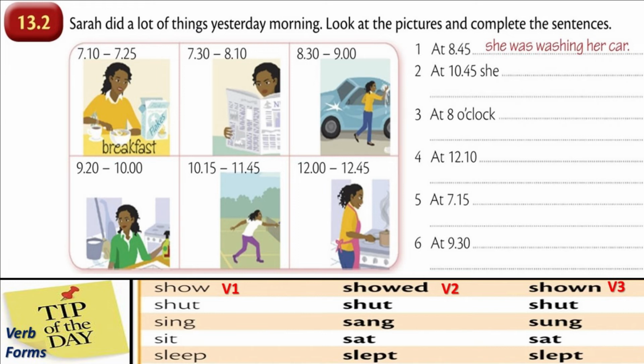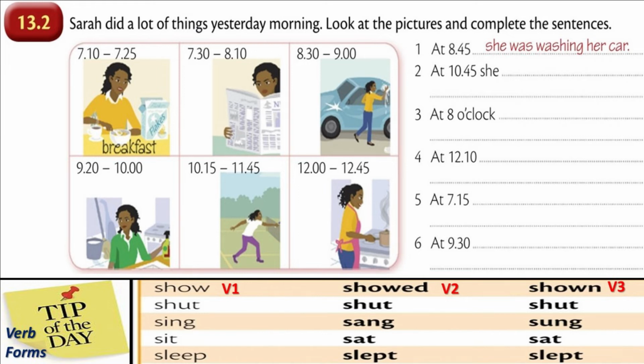Number 3. At 8 o'clock, she was reading the newspaper. Number 4. At 12:10, she was cooking. Number 5. At 7:15, she was having breakfast. Number 6. At 9:30, she was cleaning the kitchen.